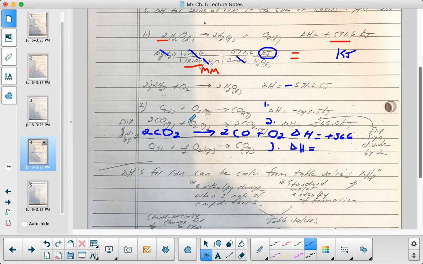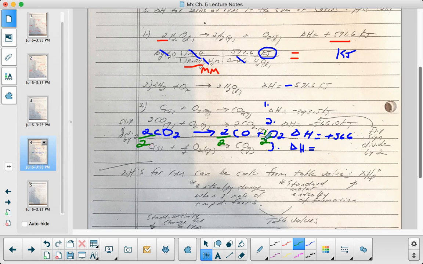So I have one CO2 here and I have two here. So what I have to do at this point is divide everything through by 2. So I'm trying to end up with only that third equation.